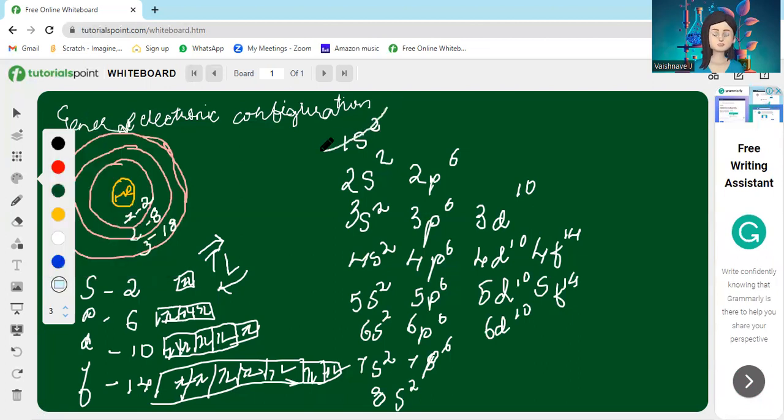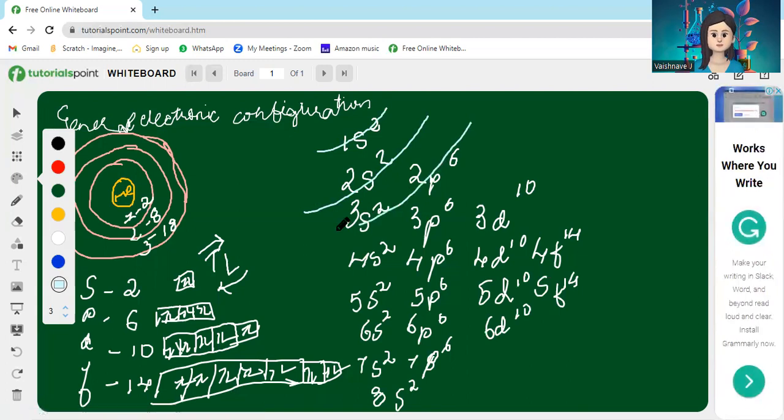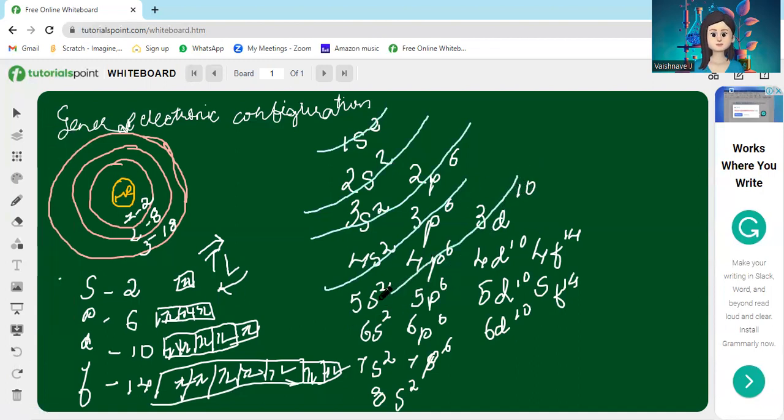In the first level, there is 1s2. In the second, you have 2s2. In the third, you have 2p6 and 3s2. In the fourth, you have 3p6 and 4s2. In the fifth, you have 3d10, 4p6, and 5s2.